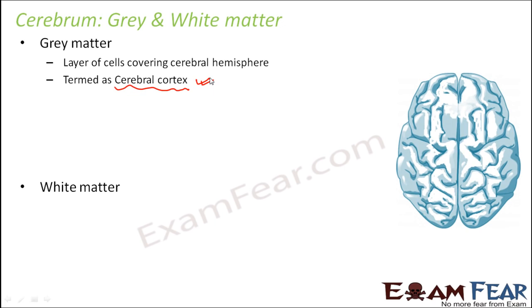So the cerebral outermost layer is the cerebral cortex, which is gray in color, and that is why it is also known as gray matter. This region is gray in color due to a high concentration of neuron cell bodies. A lot of neuron cell bodies are situated here, and the cell bodies give this outermost layer its grayish color.